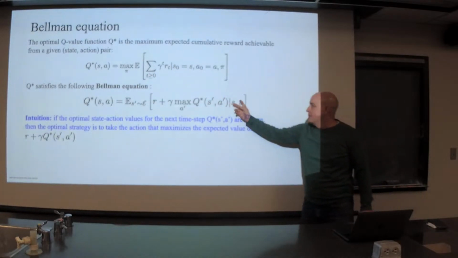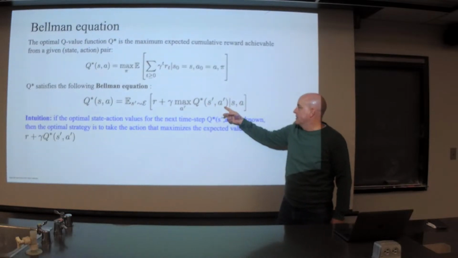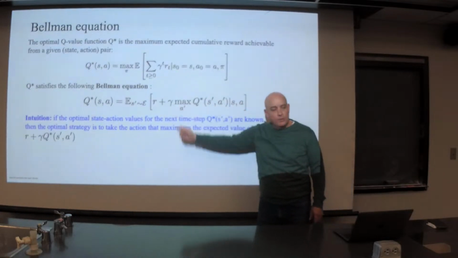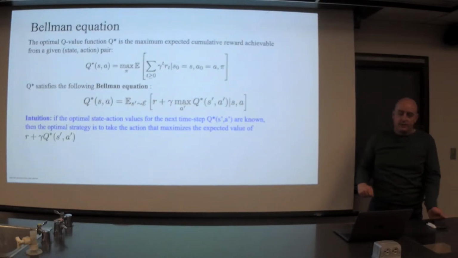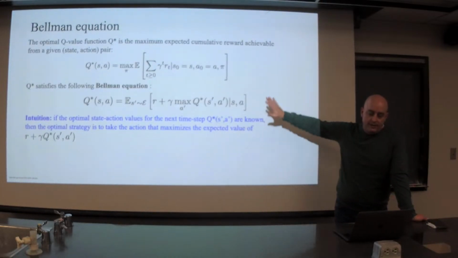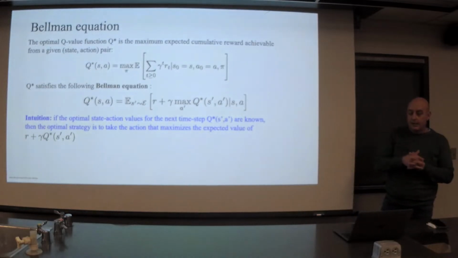This is a way of thinking about how to choose the next state and action given the state, action and reward that we just got. There's a way to prove this. It's fairly involved, but I'm just trying to give you some intuition of why the Bellman equation is the way it is.